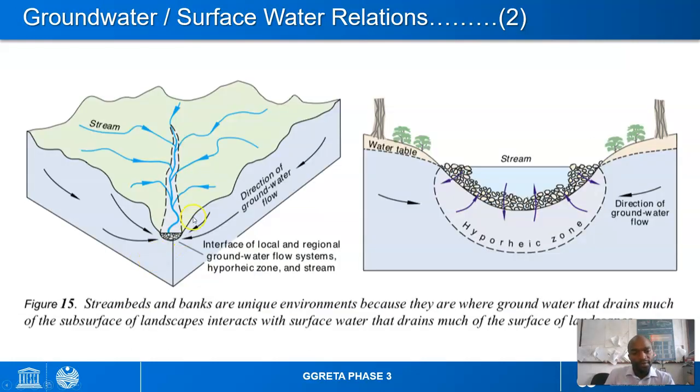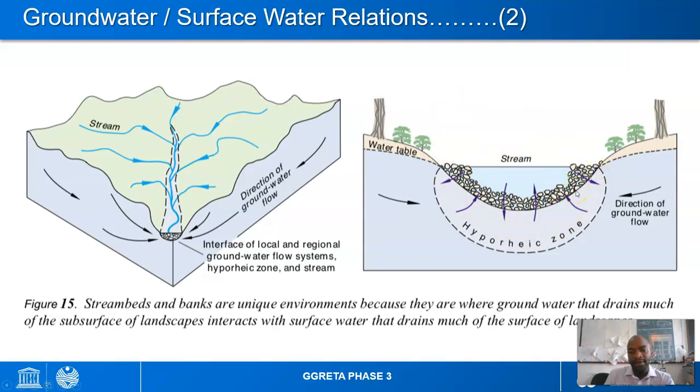Now, the zone or the area around where this interaction is taking place between the aquifer or underlying groundwater zone and the surface aspects to do with the stream or river has been known to be a very interesting environment.